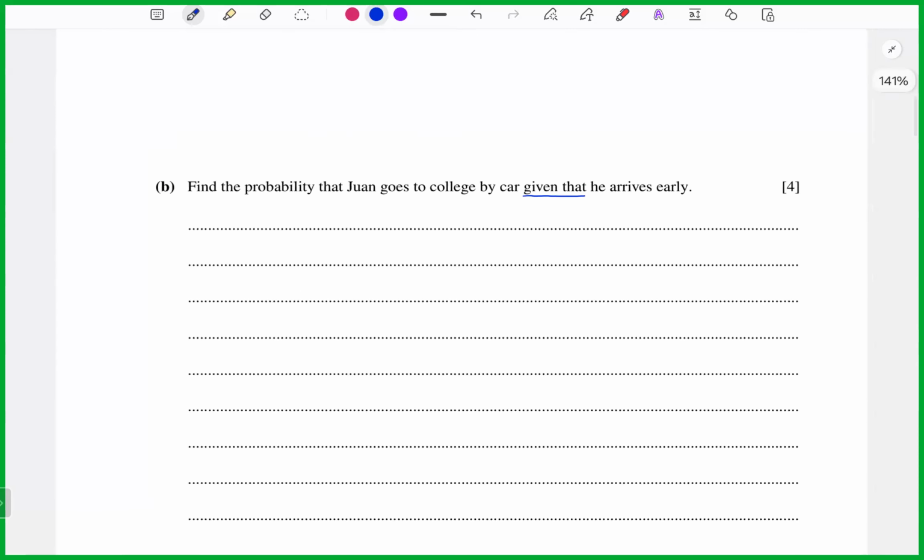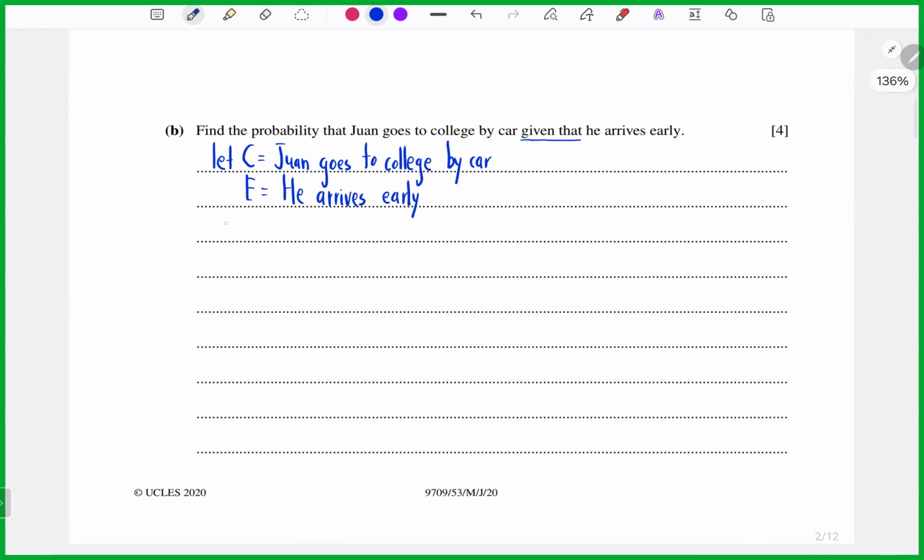So you can write here, let C equal Jones goes to college by car, and E, he arrives early.